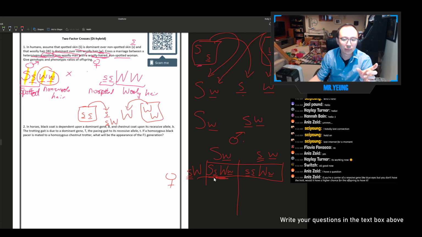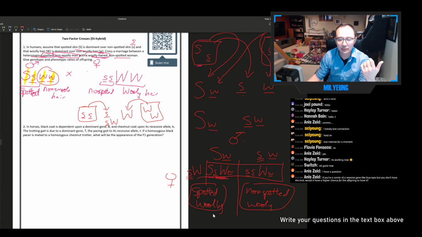Uppercase S is spotted, and uppercase W is woolly. So this is one possibility, 50-50. Lowercase s is non-spotted, and uppercase W is woolly. So your offspring is 50% this and 50% this.